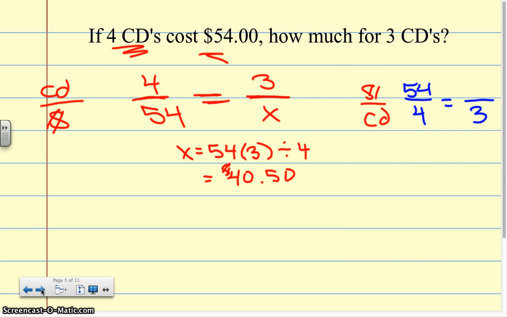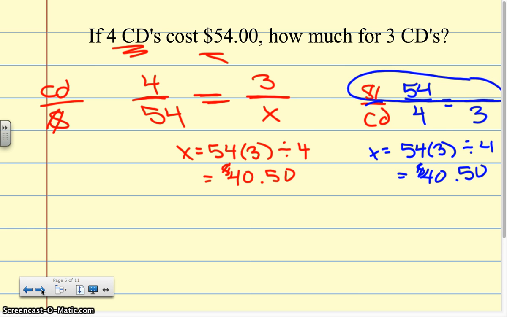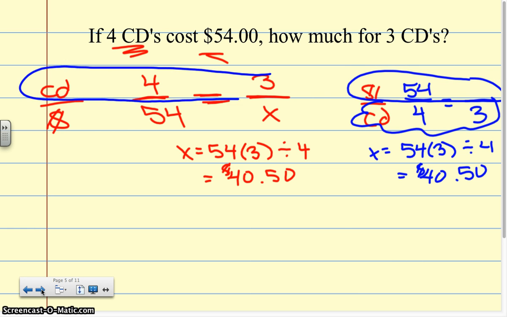And then we get x is equal to, again, look, it's the equivalent. 54 times 3 divided by 4. So notice that it does not matter as long as you keep the like items. Money will always be on top. CDs will always be on the bottom. Notice I kept CDs on top here, and money on the bottom.